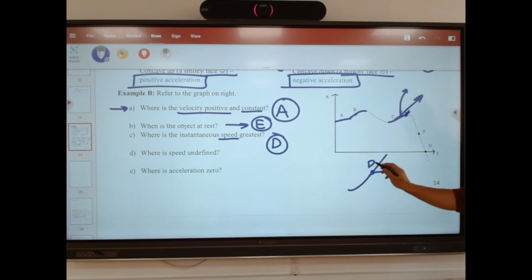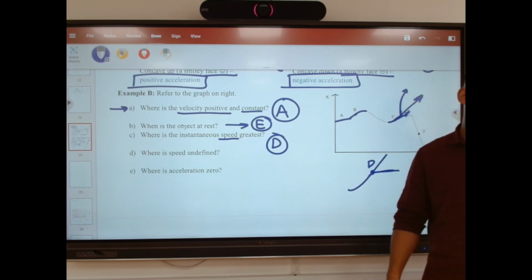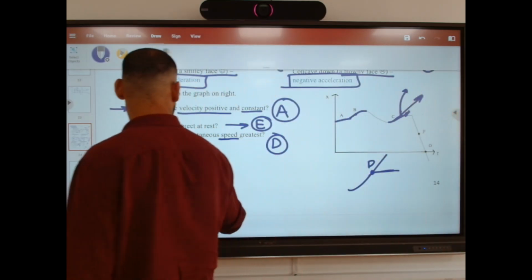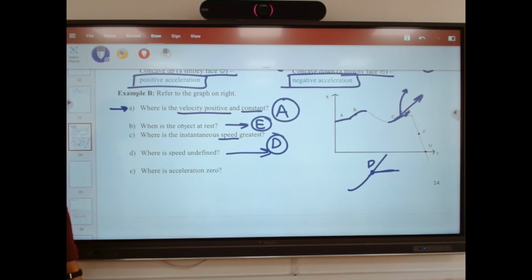But if this D is a part of this, then it is 0. So it is very difficult to say where does D belong, right? Therefore, we will not consider D as a point where we have a value. We will always be in doubt about it. So the point where the speed is undefined is D. Is that clear?